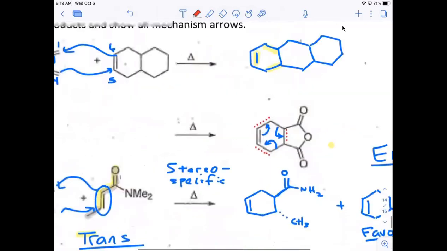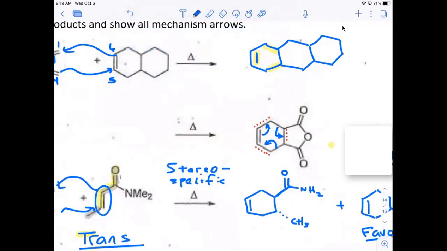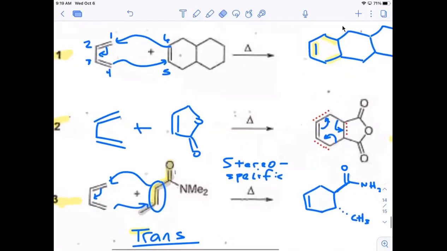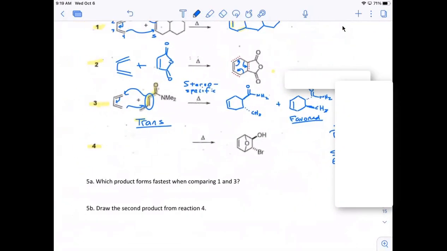So in the starting materials, you can see right away, this is going to be your diene here. And then this is going to be your dienophile. All right.